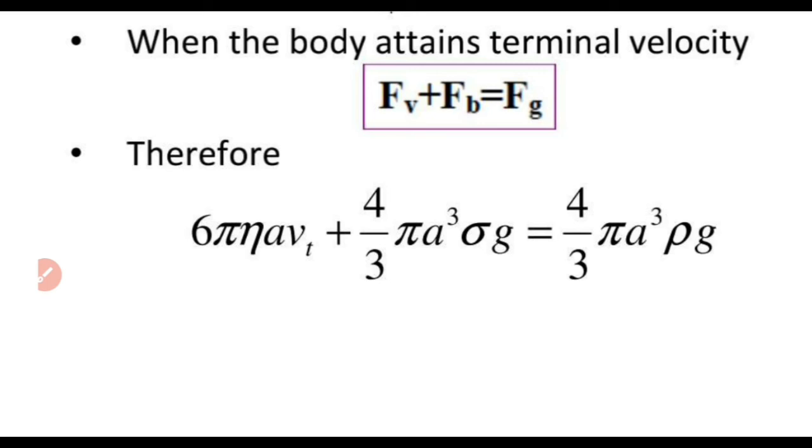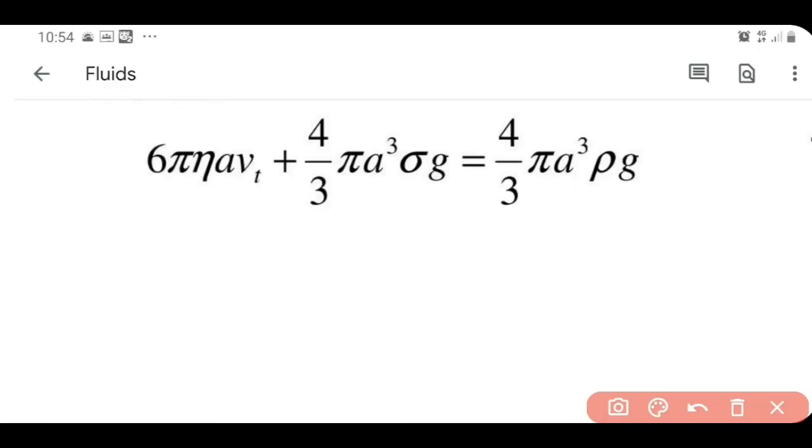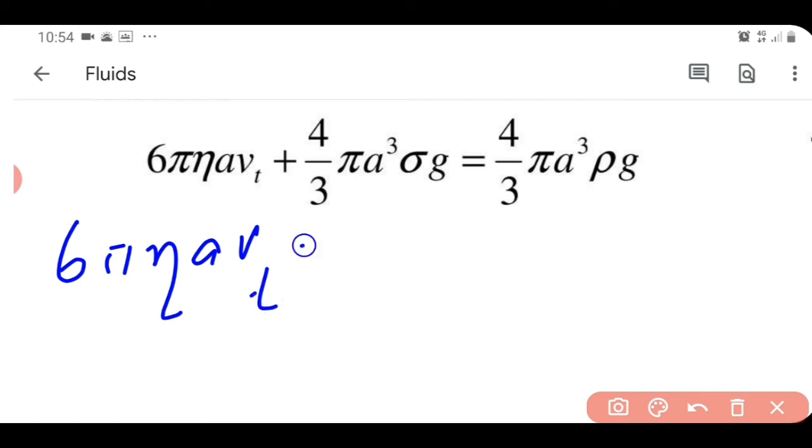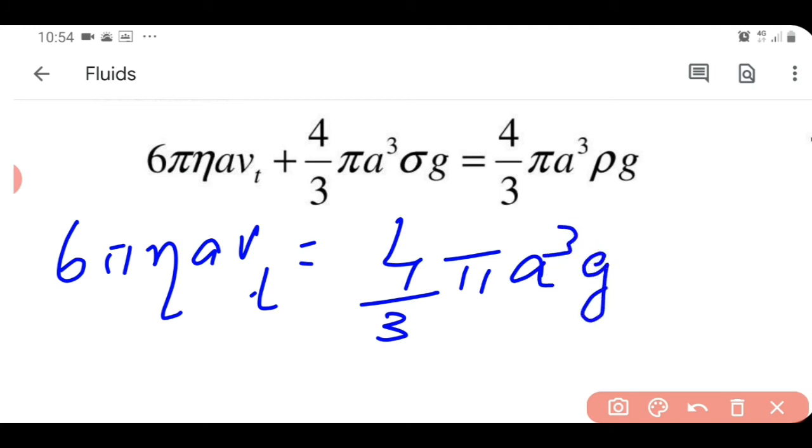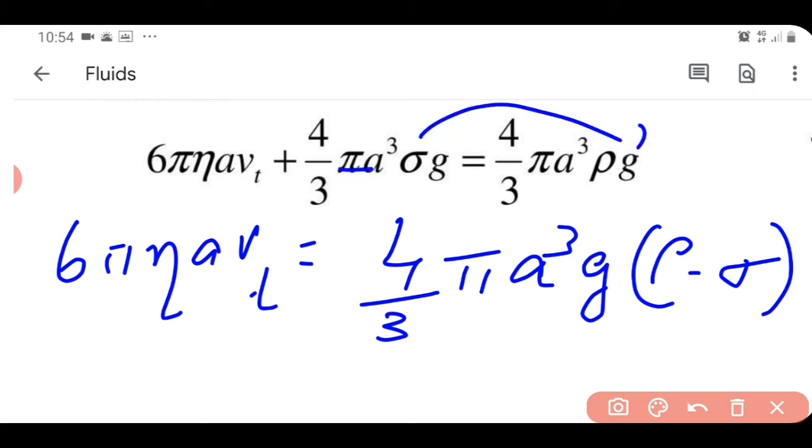Now we need to rearrange this equation and obtain the expression for terminal velocity, that is Vt. So we have 6 pi eta a Vt is equal to 4 by 3 pi a cube g into (rho minus sigma). By taking this term to this side, we will get like this. Now we need to write it for Vt.